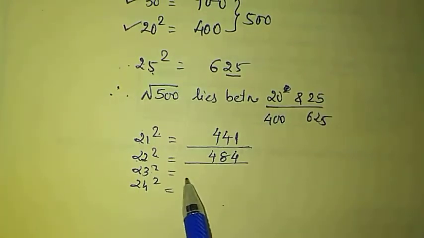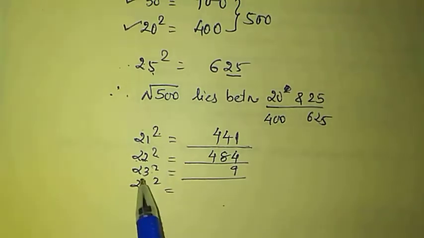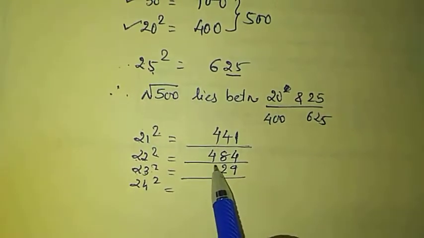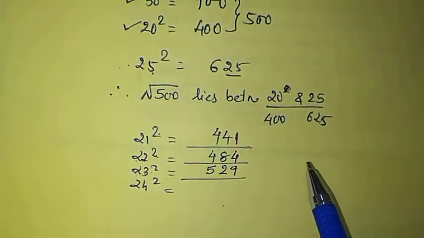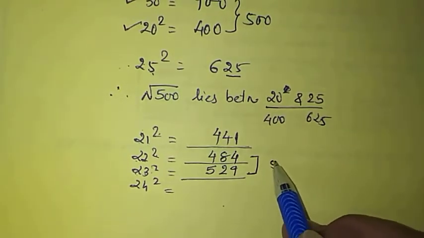Now 23: 3 3s are 9, and 2 3s are 6, 6 2s are 12, so 2 and carry over 1. Then 2 2s are 4 plus 1 is 5, giving 529. Clear? So from here you get an idea that it comes between these two.